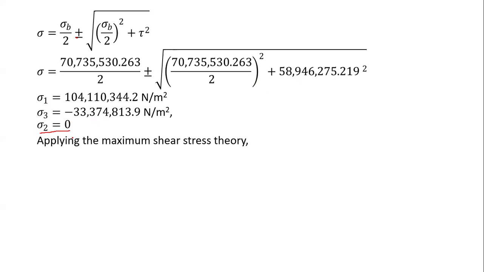With that, I can now go ahead and apply the maximum shear stress theory. Remember where we're coming from. We said that the maximum shear stress theory is given by stress 1 minus stress 3, which is equal to stress T, or stress ET. So with that, I have 104,1103.2 minus negative 33,374,813.9 is equal to that tensile stress.